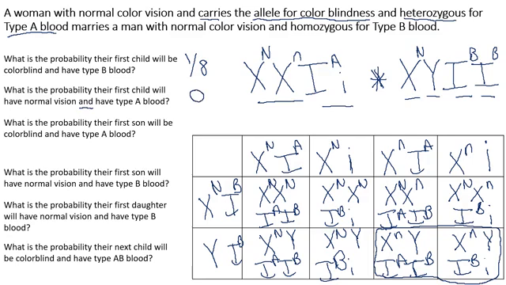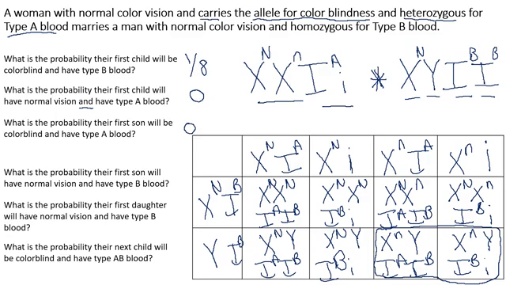So that's a 0. What is the probability that their first son will be colorblind and have type A blood? If we look at the sons, none of them have type A blood. However, half of them will be colorblind. It does not matter in terms of color blindness. It only matters that there are none that are going to have type A blood.